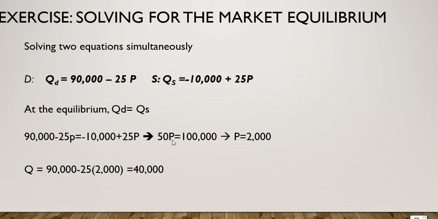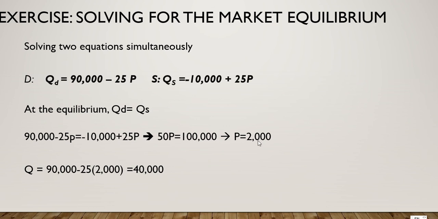So then we can solve for the price. The price will be $2,000 if you divide both sides by 50. And then the next thing we would do in order to solve for the equilibrium quantity is plug this price into either one of these equations, because at the equilibrium these two are the same.